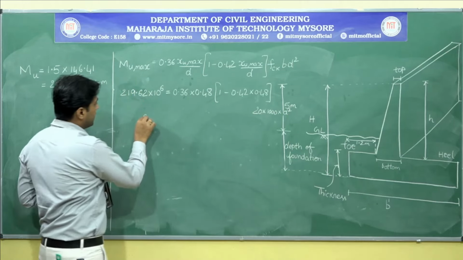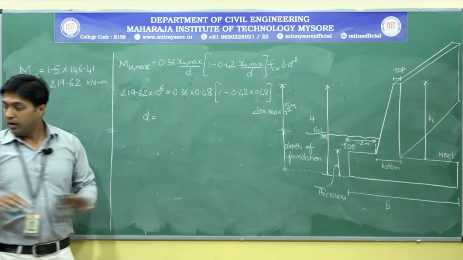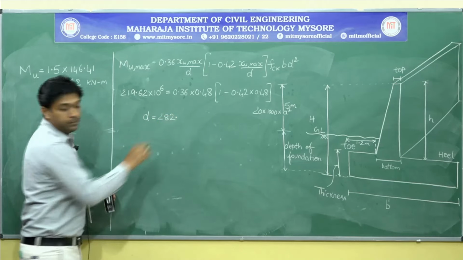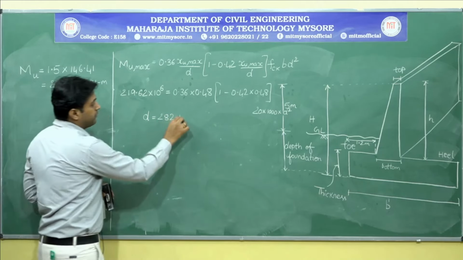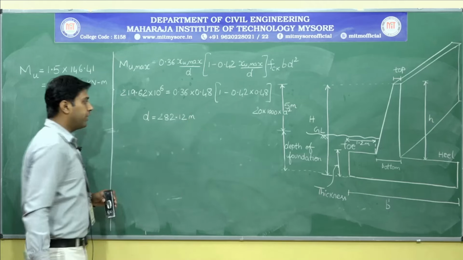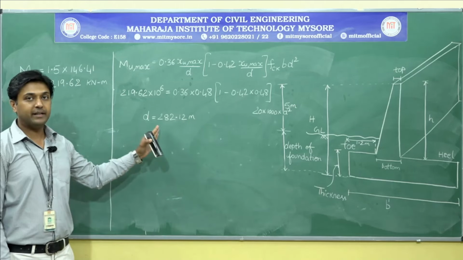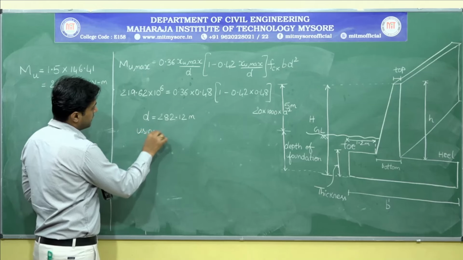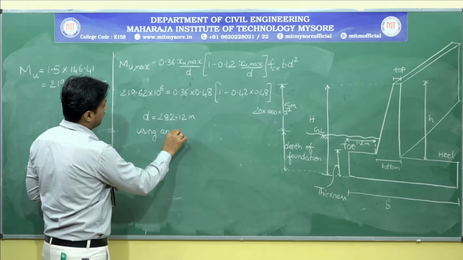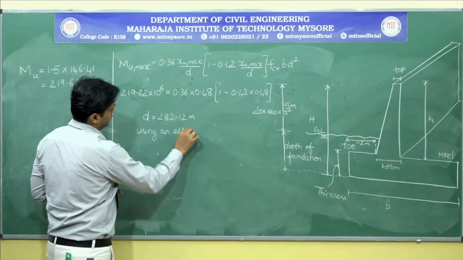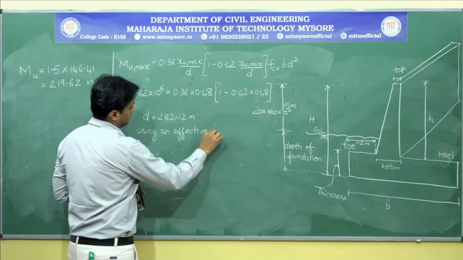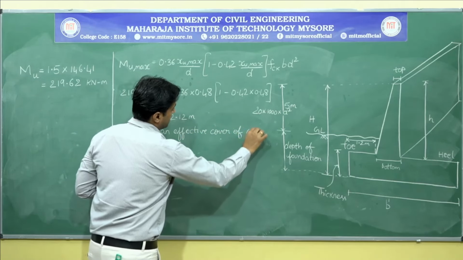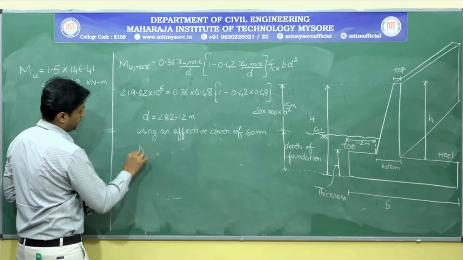So if we solve for d, we get d equal to 282.12 mm. That is the effective depth. Using an effective cover of 60 mm, what is the overall depth?